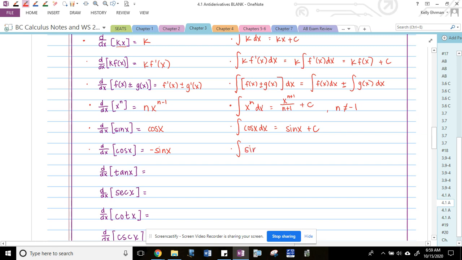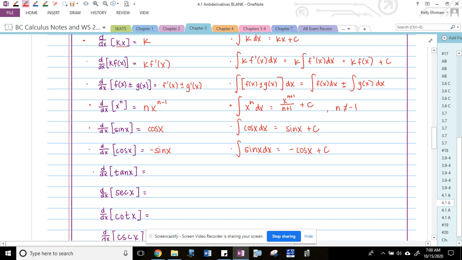I'm going to take the integral of sine x dx, because that's what it would typically be. The integral of sine x dx should come out to negative cosine x plus c. Right? Remember, you can check your work here. If I take the derivative of my answer, I should get the original integrand right there. So if I take the derivative of negative cosine, I get negative negative sine, so sine x, and the derivative of the constant is 0. So that does work.